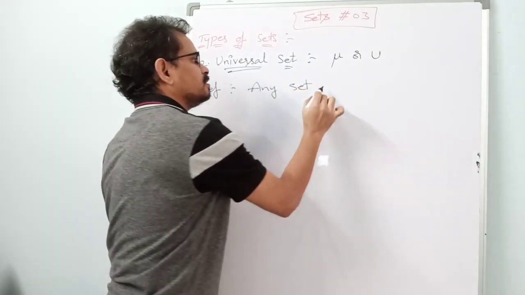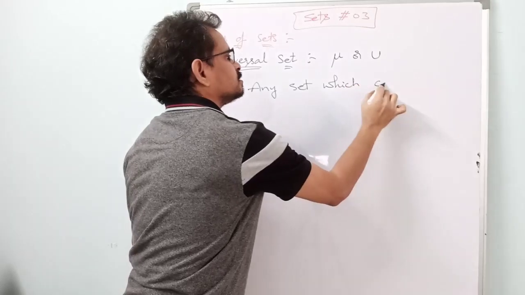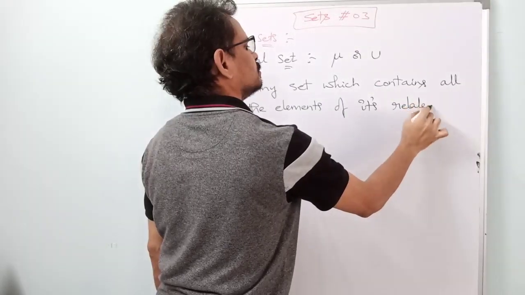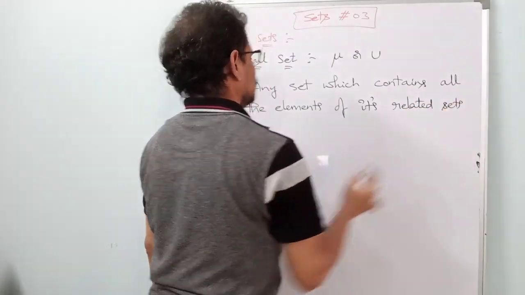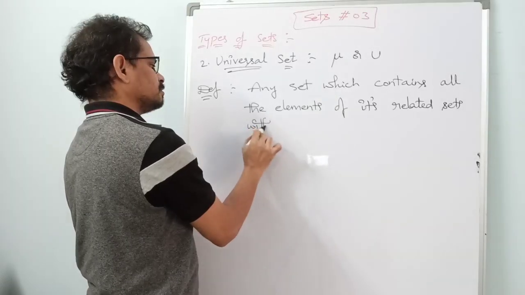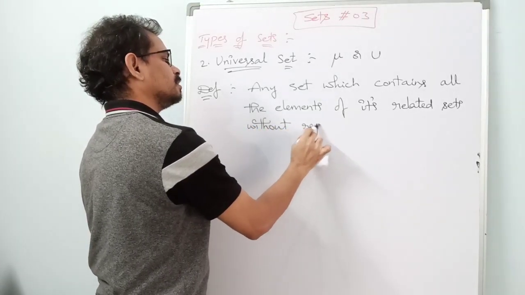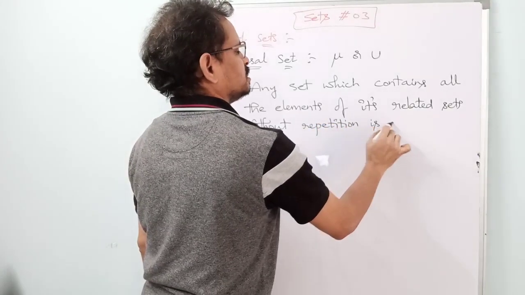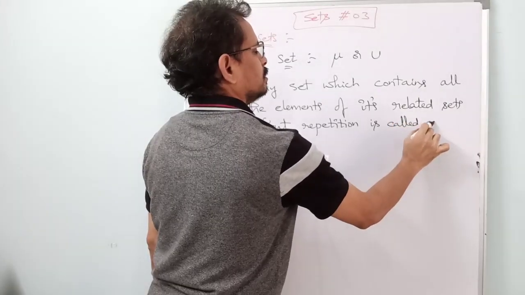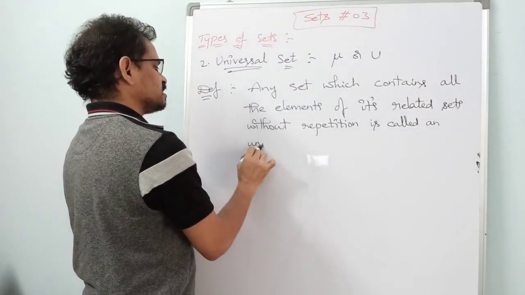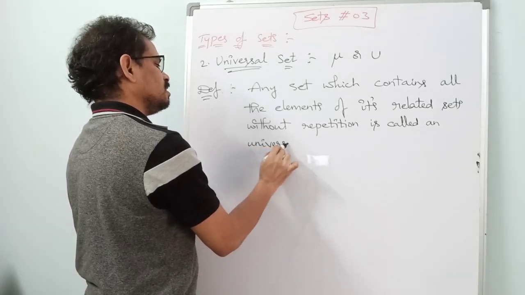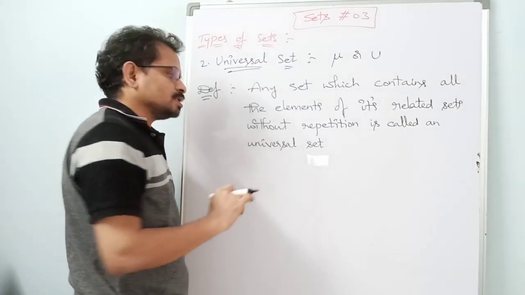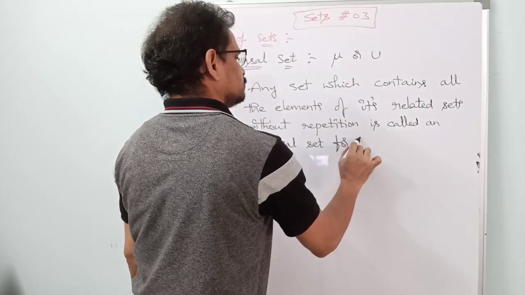Any set which contains all the elements of its related sets without repetition is called a universal set, for those sets only, not for all sets, for those sets only.